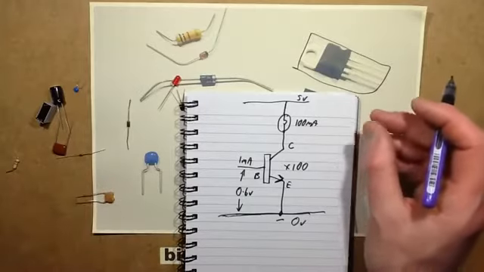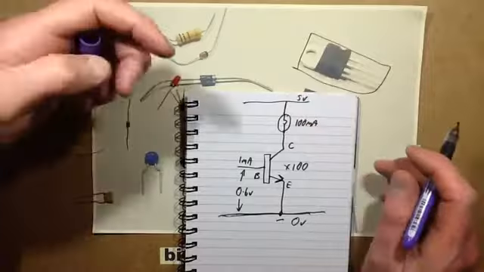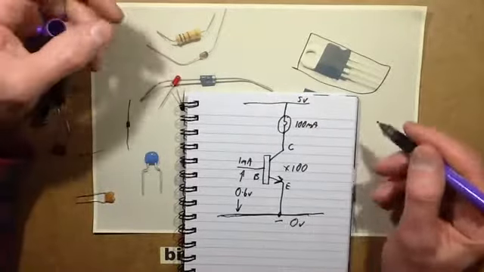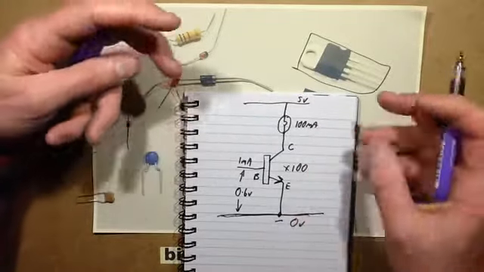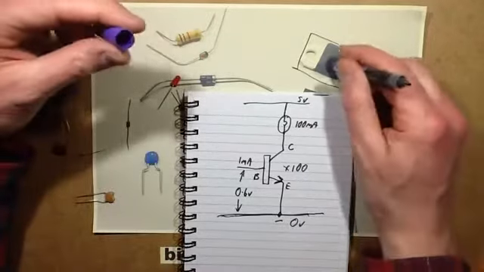You can use it to switch quite a modest current without having to worry even about applying a heatsink to it, because traditional transistors would have a slight voltage drop across them, and that would result in heat dissipating. So MOSFETs are much better for that.